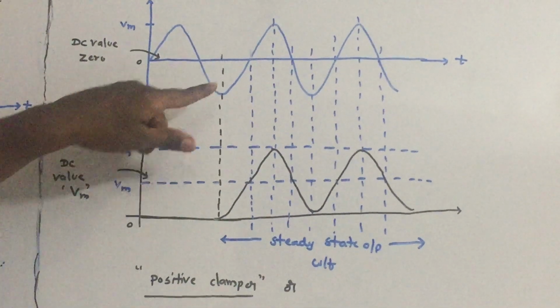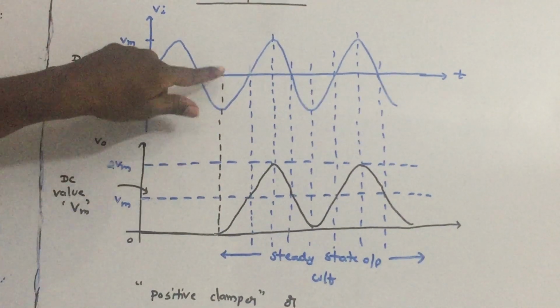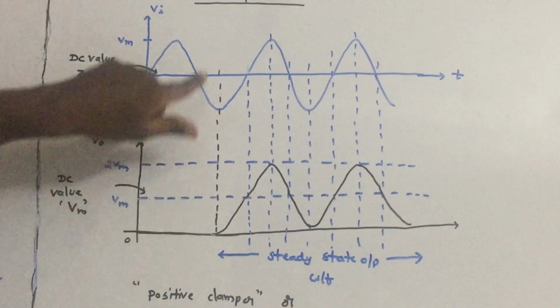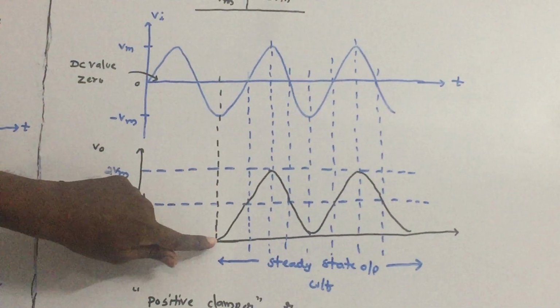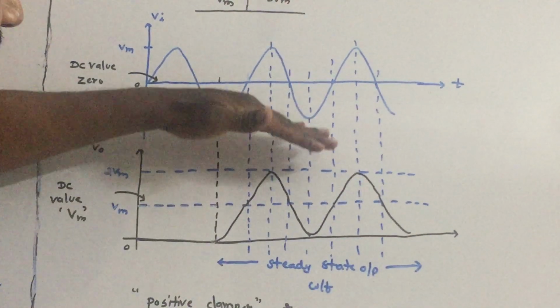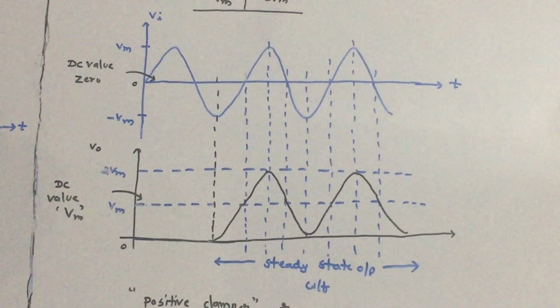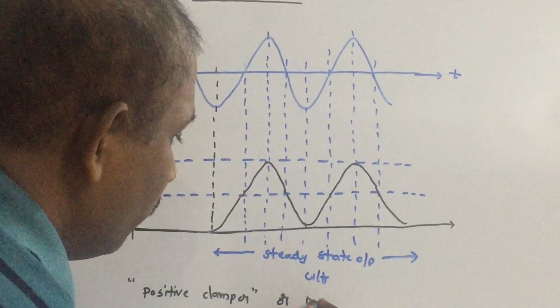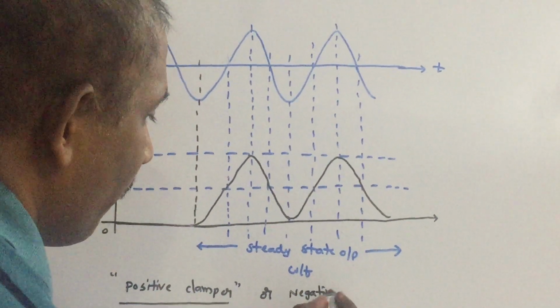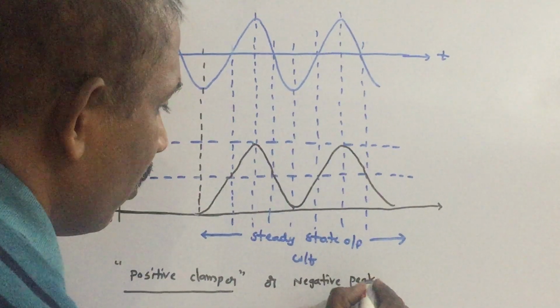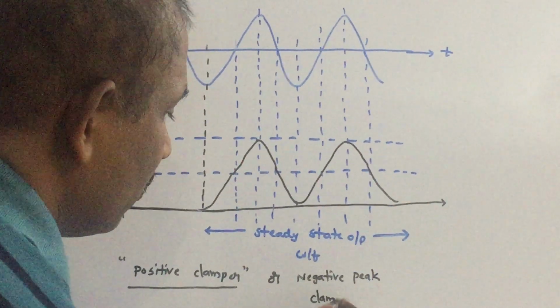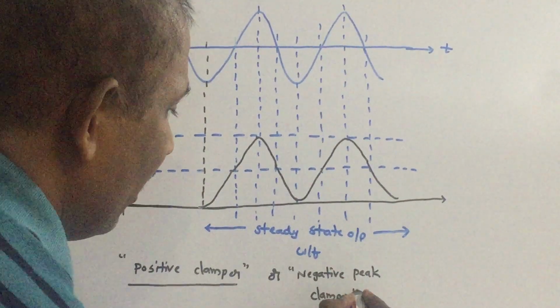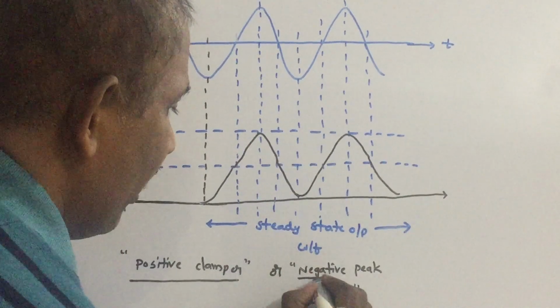You can see that this is the negative peak, and this negative peak is clamped to 0. The negative peak is moved to 0. All the negative peaks are moved to 0. So that's why it is also called a negative peak clamper.